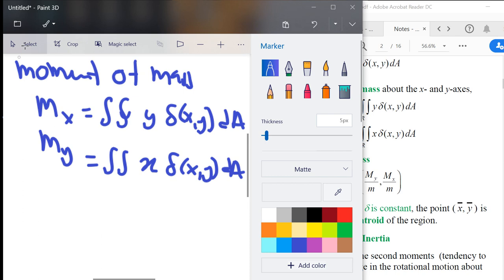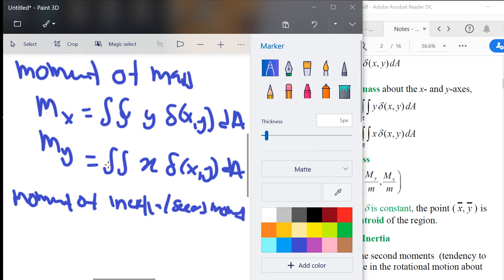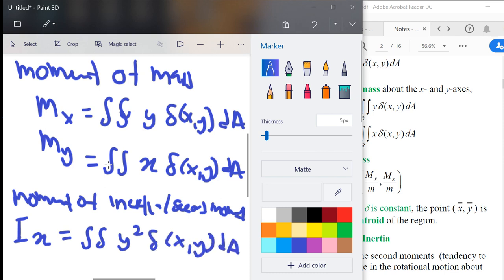For the second moment, the moment of inertia, represented by I, Ix is equal to the double integral of y squared delta of x, y, dA. So the moment of inertia for the x-axis is this one.